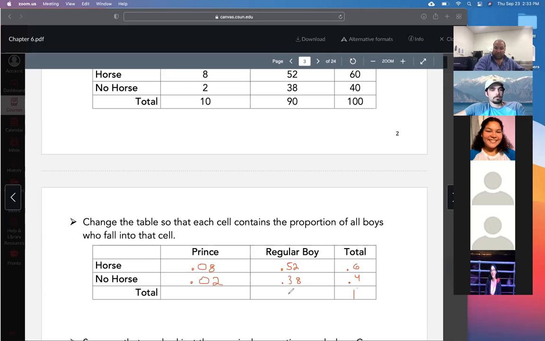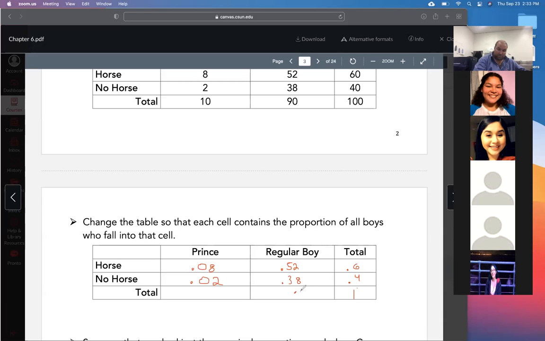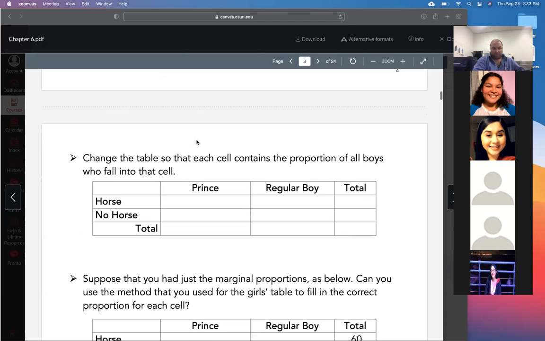And over here, 0.9, and the one over here is 0.1. So if I multiply the 0.1, for example, times the 0.6, do I get the 0.08? No. So this does not work when they are not independent. It's only valid when they are.